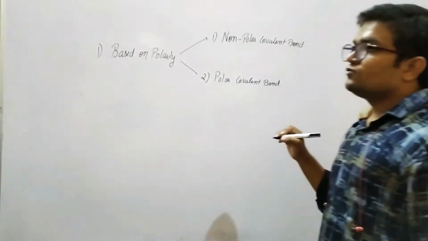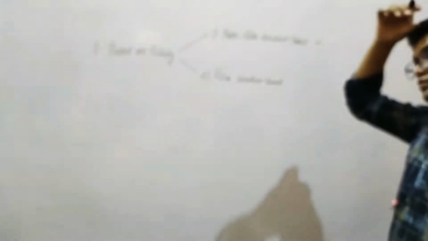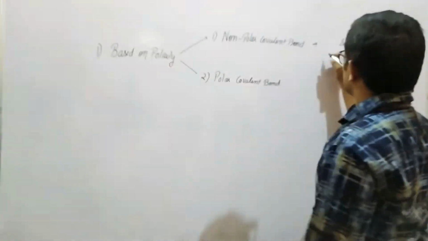Non-polar bond is found when the covalent bonded atoms have the same electronegativity. So all the homo diatomic molecules are non-polar. Example H2.